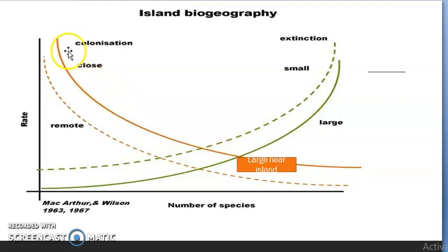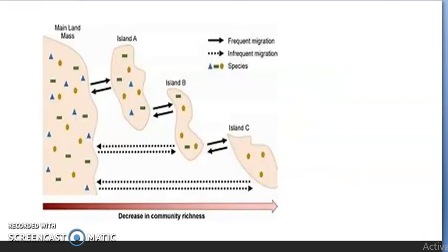This graph shows the rate and probability of colonization and the probability of extinction, depending on how far the island is from the mainland, whether it is large or small. An island close to the mainland will more readily receive colonists from that mainland, and similarly the probability of colonization of a large island will be higher than that of a small island. We will understand these things by this diagram.